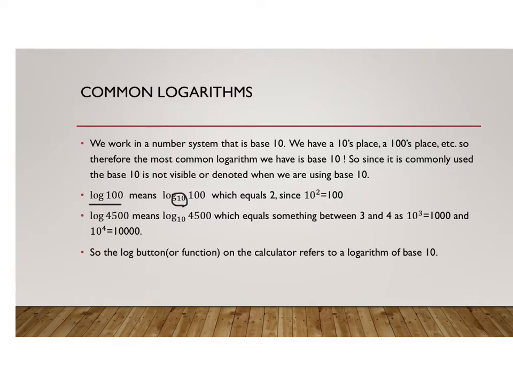Log of 4,500 means log base 10 of 4,500, which equals something between 3 and 4, as 10 to the third power is 1,000, and 10 to the fourth is 10,000, and 4,500 is right between 1,000 and 10,000. So the log button or function on the calculator refers to a logarithm of base 10.